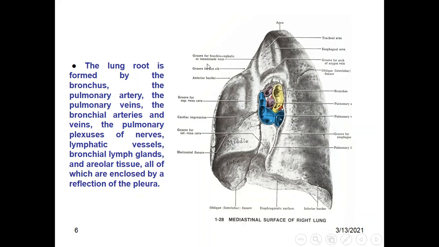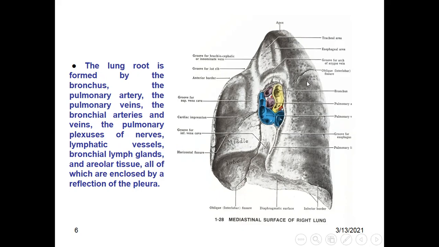We can see the anterior border of the lung, the inferior border of the lung, the diaphragmatic surface with a depression formed by the liver. And as you know, the right lung consists of three lobes: the right upper, right middle, and right lower lobe.